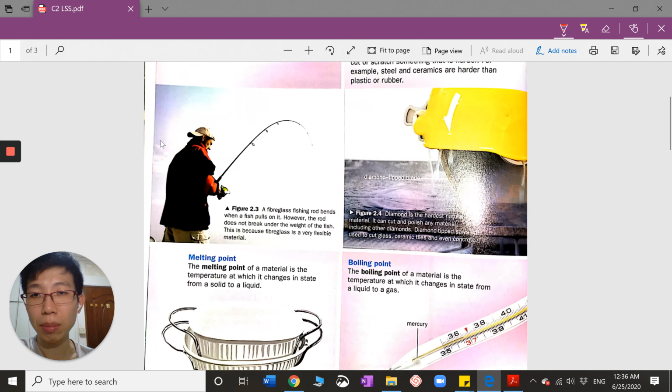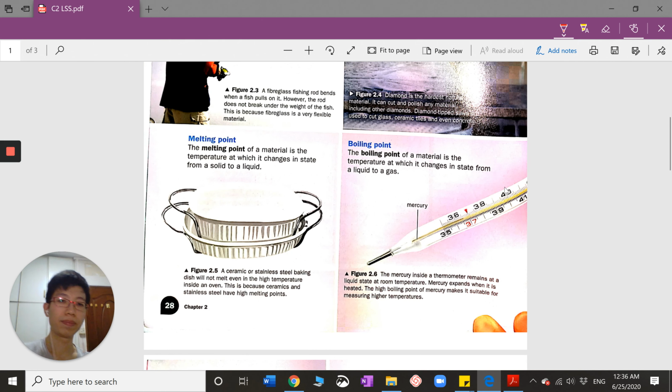Or for example, this thermometer here. I'm not talking about the boiling point, but I'm looking at the material of this thermometer, as in the glass surface. Why is it made of glass instead of other material?